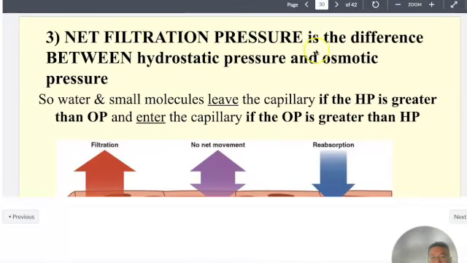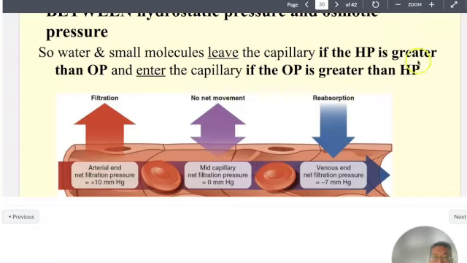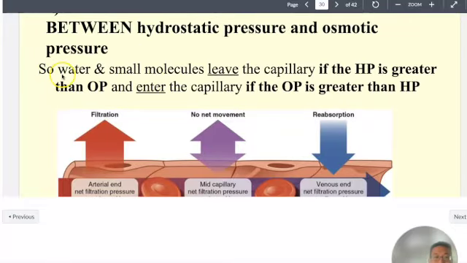Net filtration pressure is the difference between hydrostatic and osmotic pressure. Water and small molecules leave the capillary if the hydrostatic pressure is greater than the osmotic pressure, and enter the capillary if the osmotic pressure is greater than the hydrostatic pressure. Simply put, if the hydrostatic pressure is greater, water and molecules will leave the capillary.